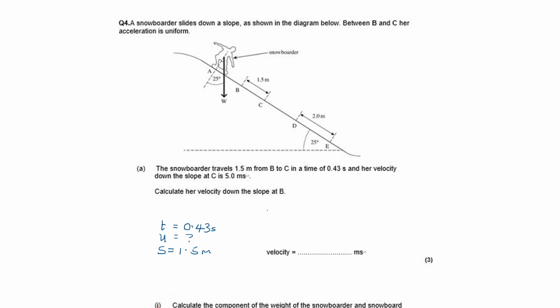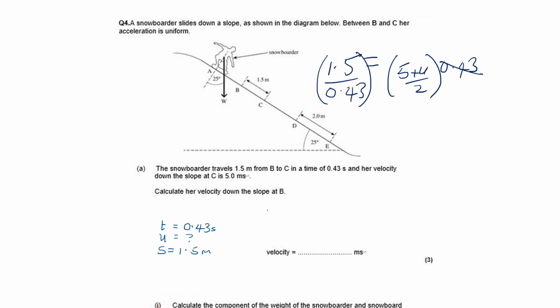And so using that SUVAT equation, we get 1.5, which is equal to (5 plus u) over 2, times 0.43. We can then divide through by 0.43, multiply through by 2, and then subtract 5 from this side.